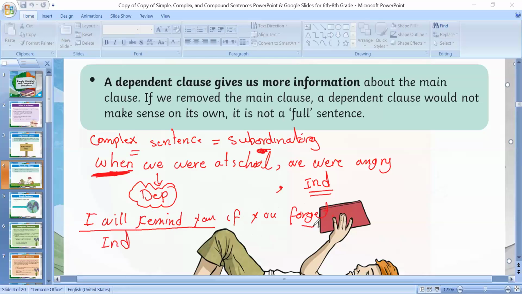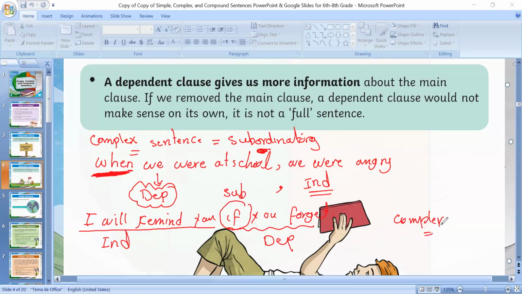And the second part, if you forget, "if" is one of the subordinators, and this part is a dependent clause. So I'll remind you if you forget is also a complex sentence.